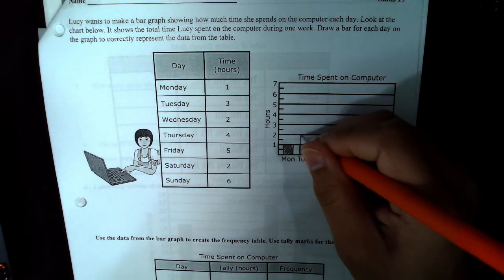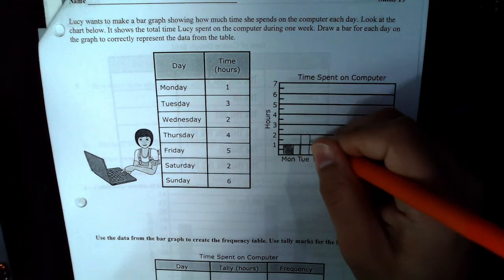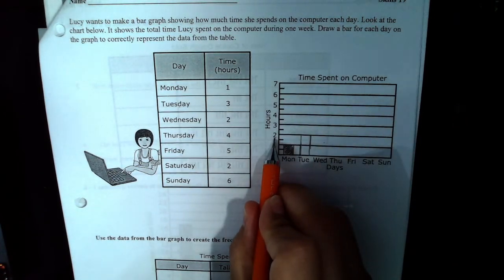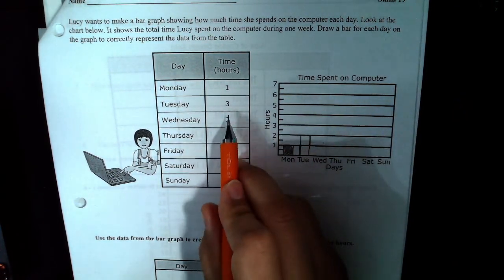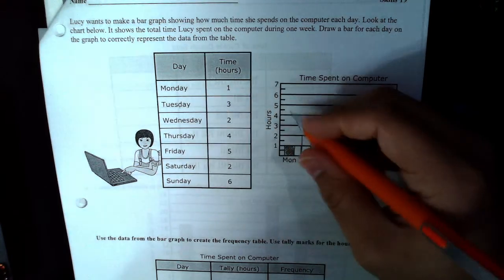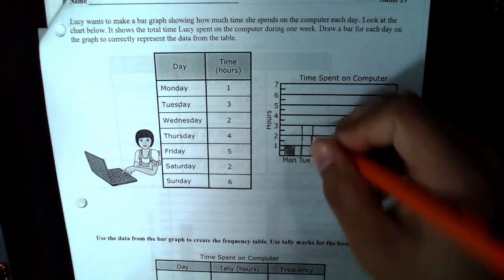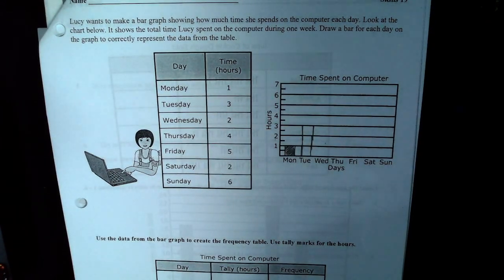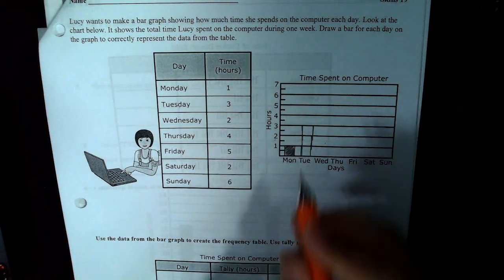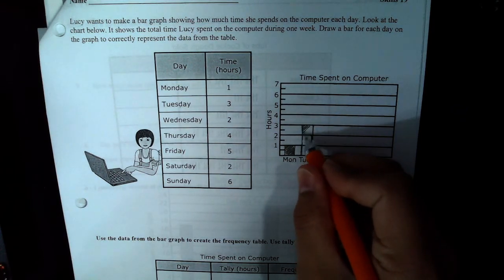I'm going to stretch my rectangle out till it gets to the number 2. But I can't stop there. I have to go a little bit further. I can only stop when I get to the number 3. And then again, I'm going to shade it in.